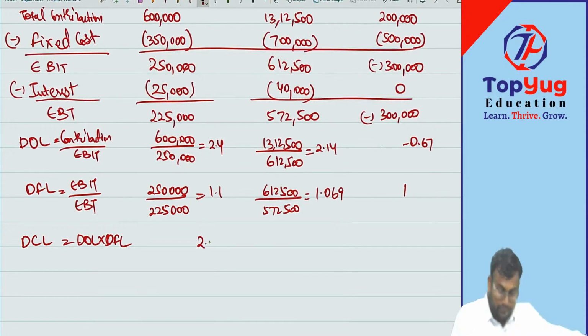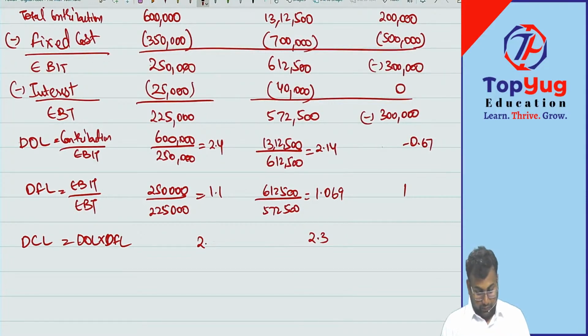How much? 2.3. 2.4 into 1.1, 2.64, right? Correct. Then 2.14 into 1.069 is 2.28.